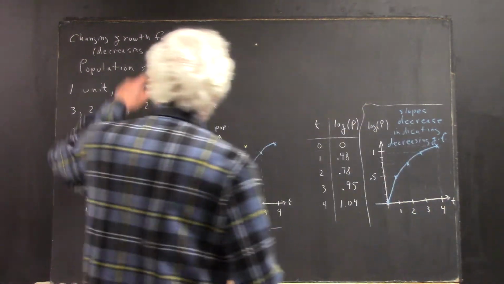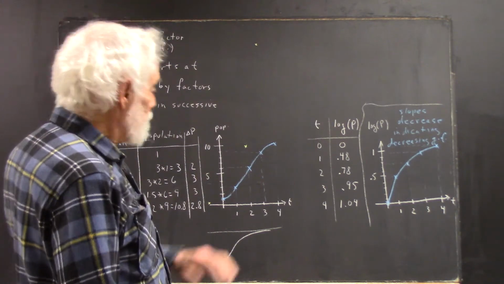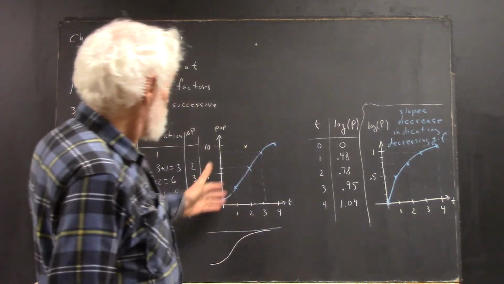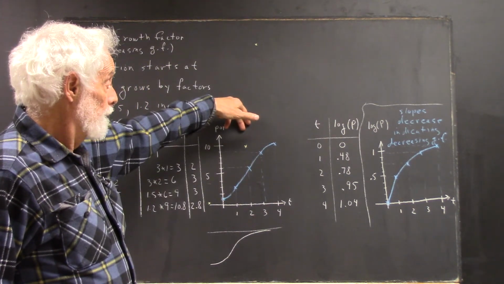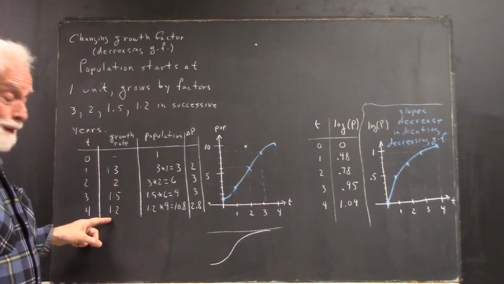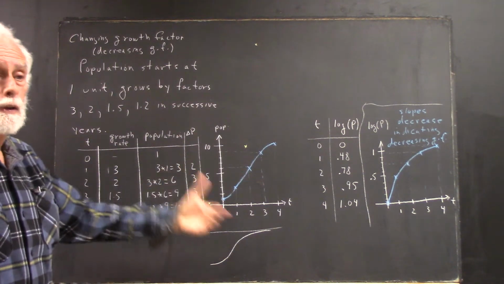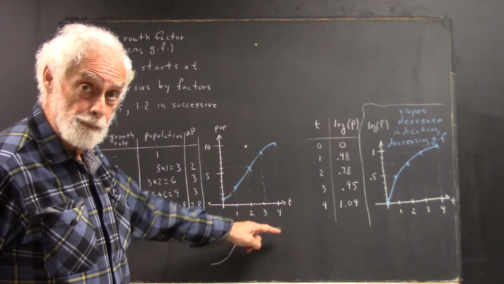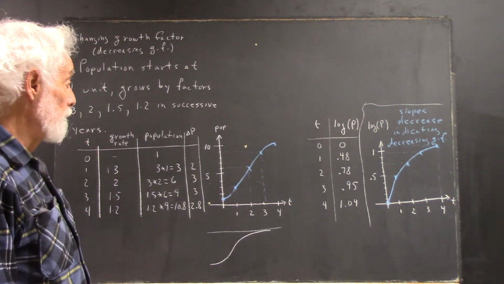I'll abbreviate it like I did here, GF, for growth factor. From this graph, we can clearly see what's happening to the growth factor. It's harder to see what's happening to the growth factor on this graph. But as the growth factor approaches 1, it should be clear that you'd be multiplying 1 by the old population. You would get an unchanging population. You would be in this part of the curve, approaching a stable population.